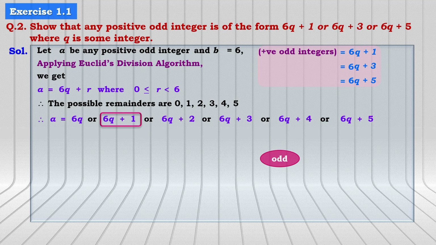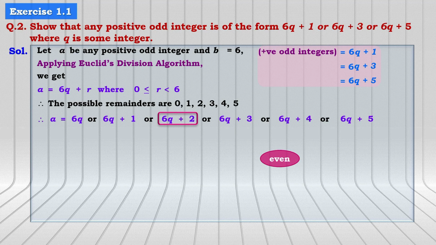But 6q plus 1: 1 is an odd number. Whenever we add an even number with an odd number, that is always an odd number. So 6q plus 1 will always be odd. Then 6q plus 2: 6q is even and 2 is even. Adding two even numbers is always even.